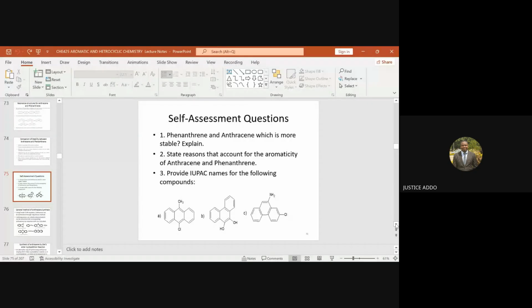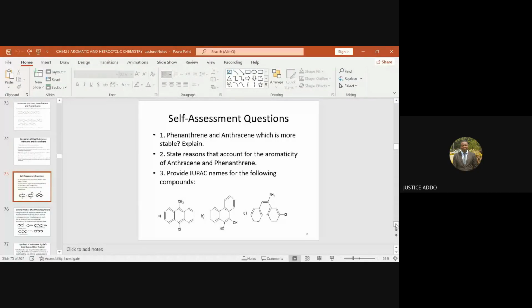So if you have three compounds, one has two resonance structures, one has four, one has five, and you want to arrange them in terms of stability, then the one that has five resonance structures will be the most stable, followed by the one that has four, and then the one that has two will be the least stable. Does that make sense?